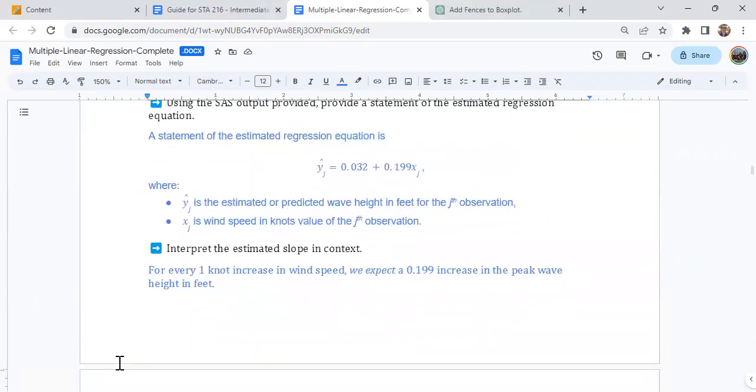It's always those two considerations. One, does it make sense in that context for x to be 0? And two, is it extrapolation? Even if it's sensible, is it in the range of the observed data? So here it meets both of those.